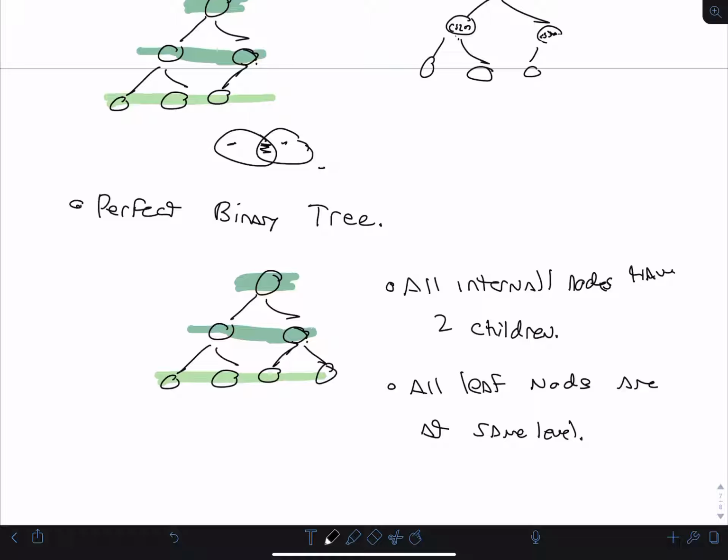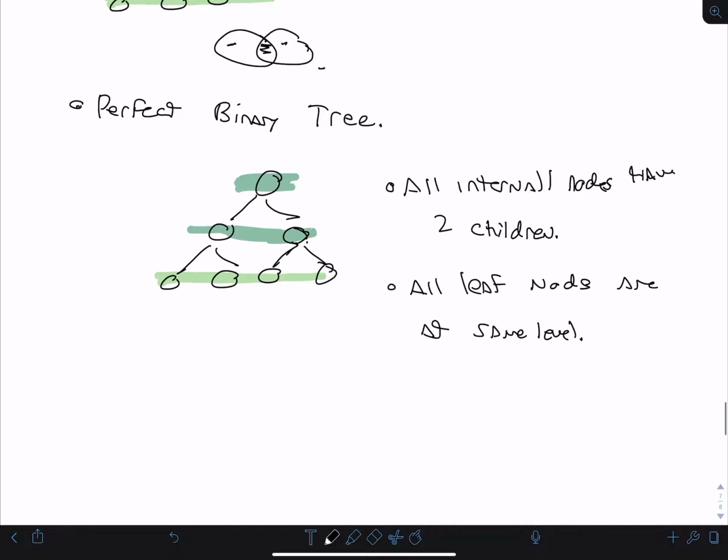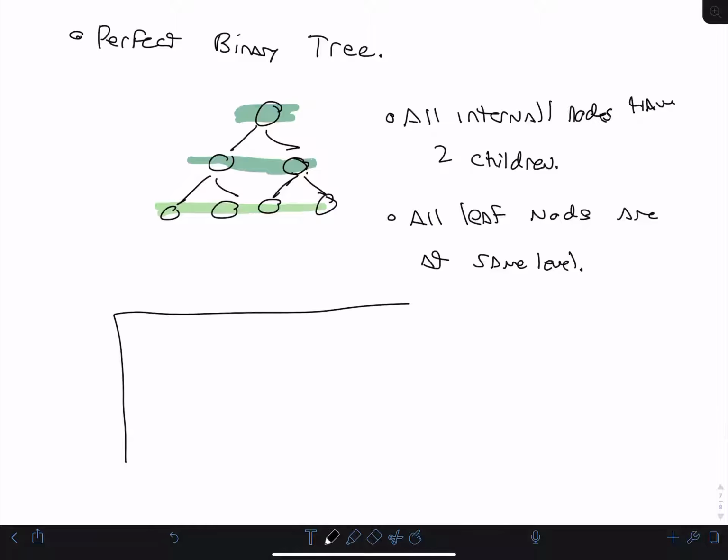I would say that a perfect binary tree can be considered a full binary tree, and it can also be considered a, what's the other one? Complete. So I guess if we update our Venn diagram, nope, that's not a good representation. So let's see.